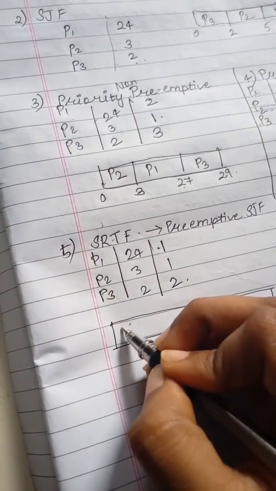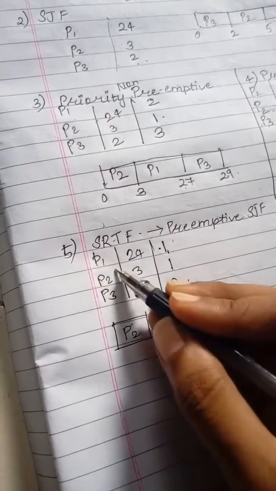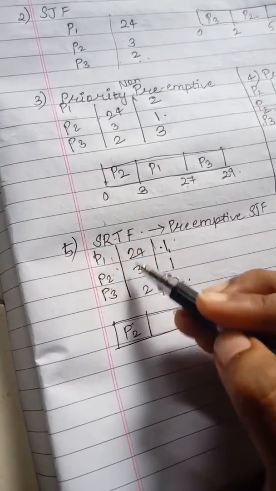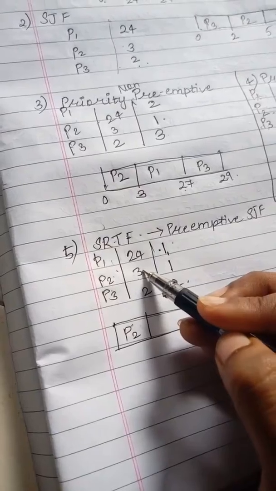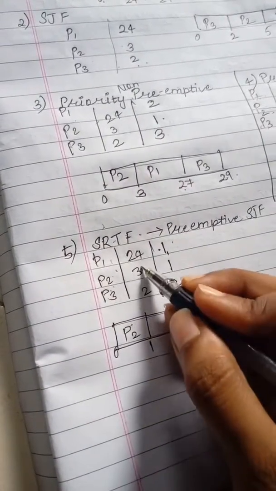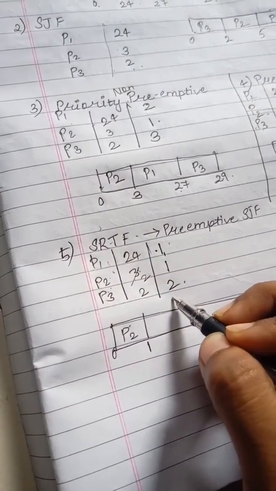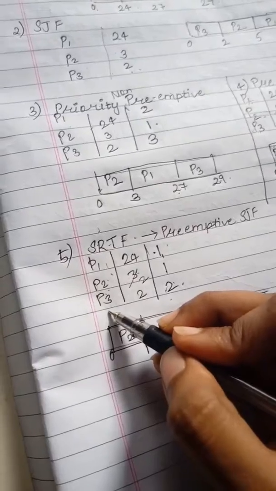P2 is having, so P2 will get executed. They have arrived at the same time, P1 and P2. So we will check which one is having the smallest burst time, P2. So we'll execute it for 1 millisecond. This will become 2. Then at the 2nd millisecond, P3 arrives.